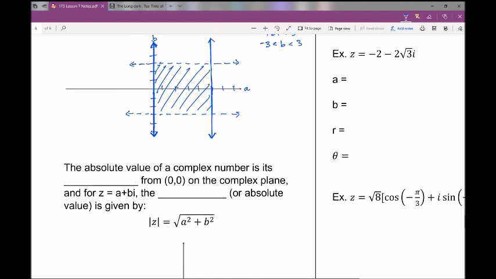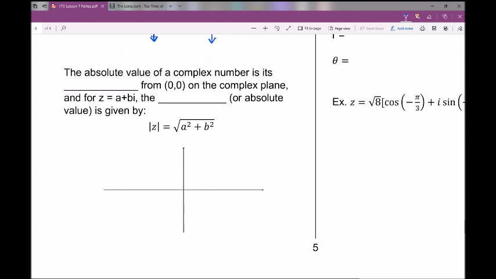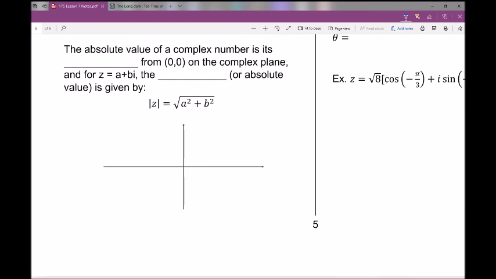All right, one important concept when we talk about complex numbers is its absolute value, or its distance from 0, 0 on the plane. So if you remember, absolute value is kind of like a number's distance from 0, and that's why it's always positive. So when we talk about a complex number, we talk about its distance from 0, 0 because we're in 2 dimensions.